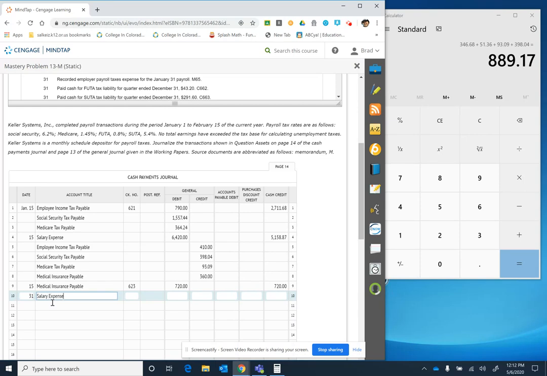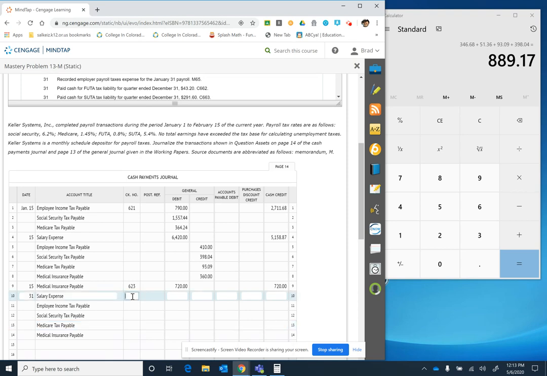Salary expense, record. So what's happening here is, again, we're making payments to our employees, and we're going to record the taxes that we're going to withhold, exactly the same way that we did it up here.